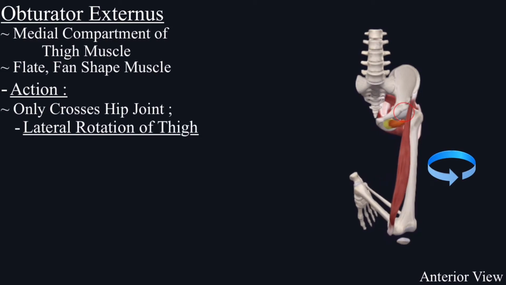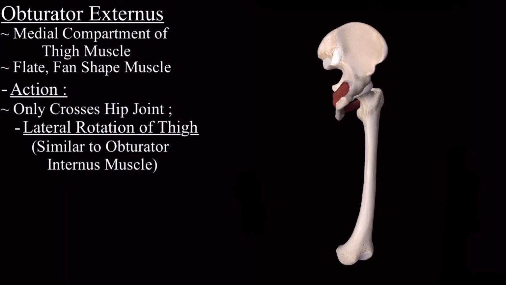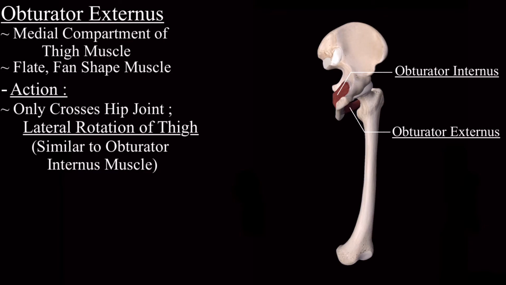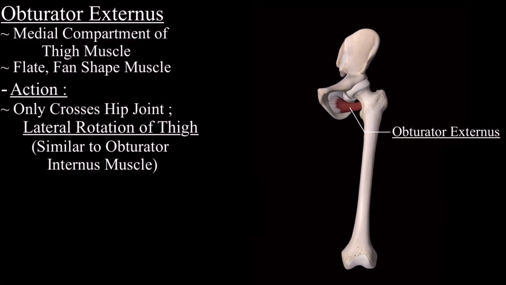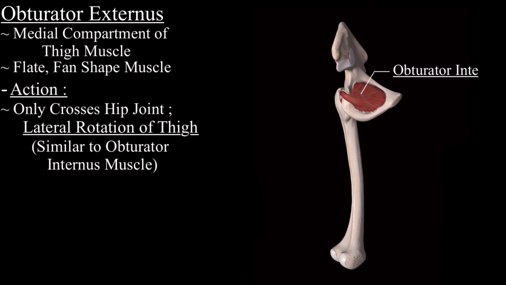This action of the obturator externus muscle is similar to that of the obturator internus muscle. Although these two muscles originate opposite to one another, obturator externus muscle originates from the external surface of the obturator membrane, while obturator internus muscle originates from the internal surface of the obturator membrane.